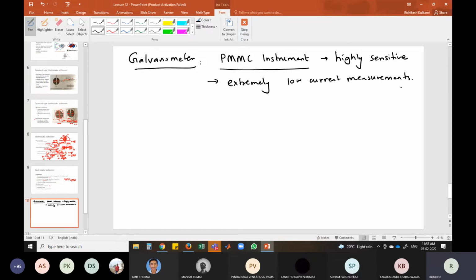If you remember, the instruments are quite bulky. It consists of a magnetic field using a permanent magnet, and then there is a coil, and then there is a pointer, and to adjust the pointer we also have to have the counterweights, right? But in this case, it is avoided.